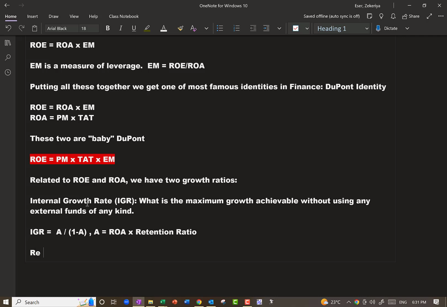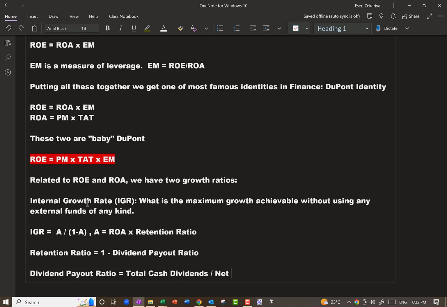Where retention ratio is equal to 1 minus dividend payout ratio, and dividend payout ratio is equal to total cash dividends divided by net income.